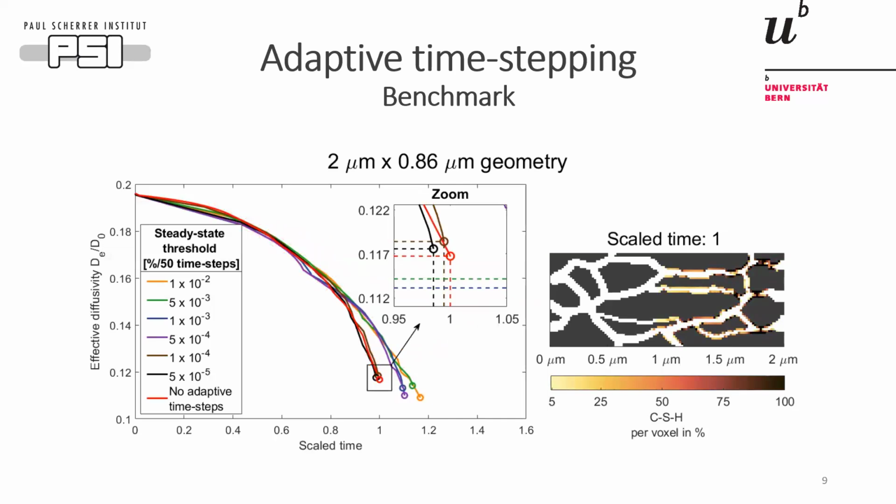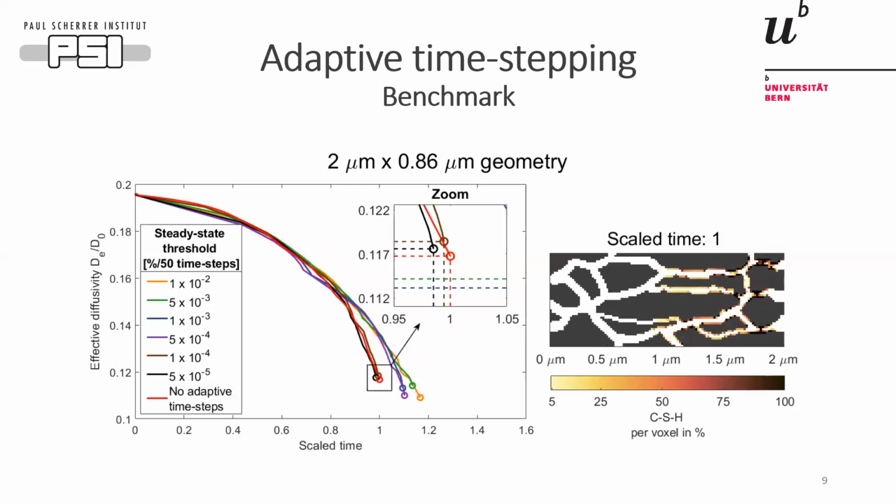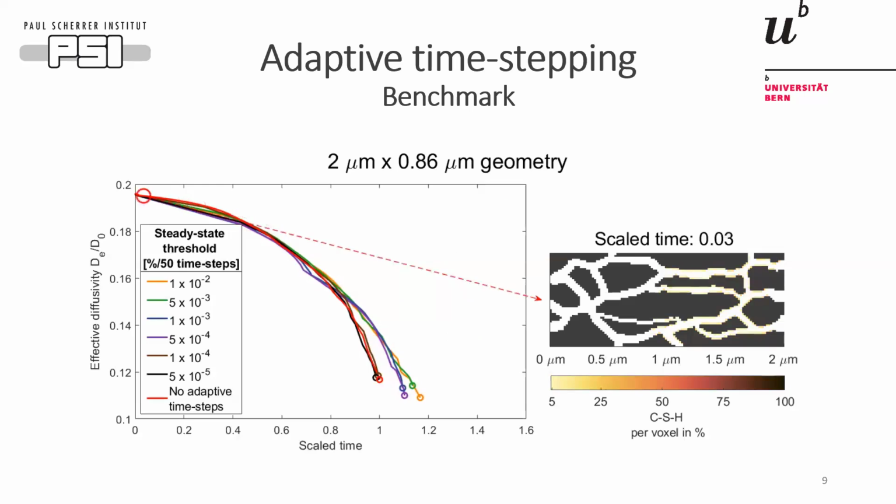The comparison is done with the trajectory of the effective diffusivity. It is a value that compares the diffusivity of the geometry, dE, with the diffusivity in plain water, d0. It is calculated separately from the reactive transport model by extracting snapshots at different times during the reactive transport model, and then simulating the diffusion at every snapshot until steady state is reached, and then the solute flux at steady state can be used to calculate the effective diffusivity.